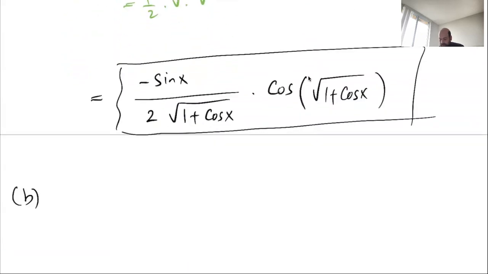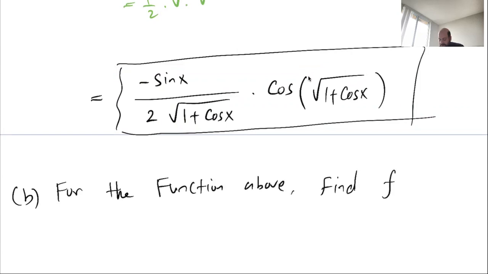So let me add part B for the function above. Find, let's say, f prime of 0 and f prime of pi half.